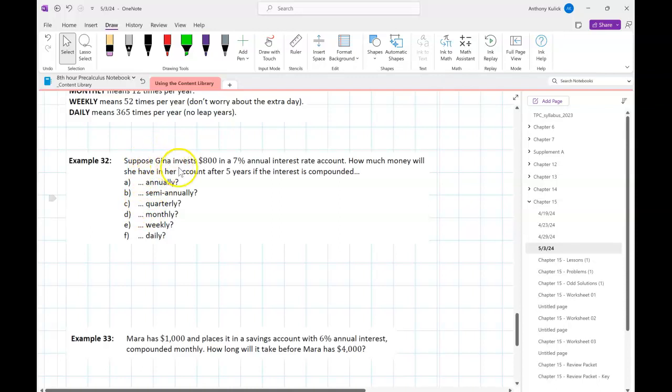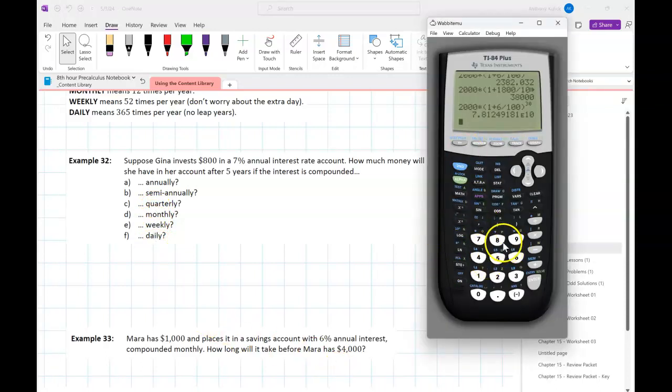All right. So suppose Gina invests $800 at 7% annual interest rate. How much will she have in her account after 5 years if the interest is compounded annually, semi-annually, quarterly, monthly, weekly, daily? Okay. Well, let's get this in our calculator. We're just going to do this all on our calculator and just update this each time.